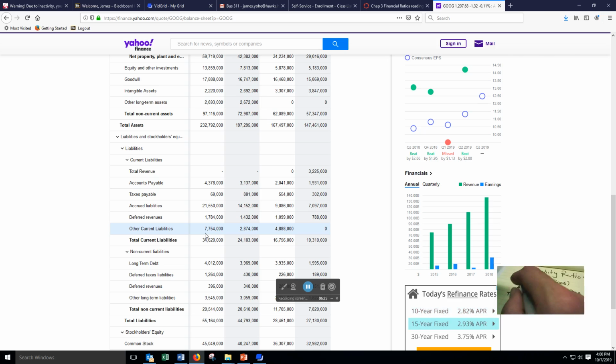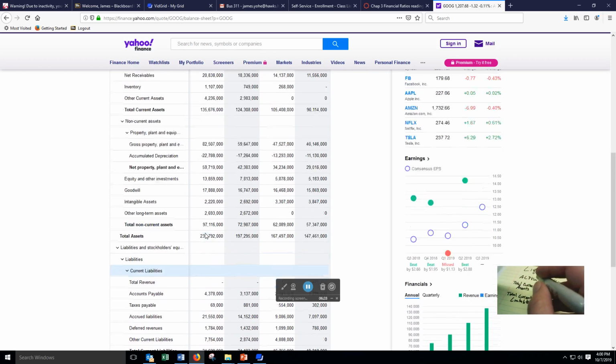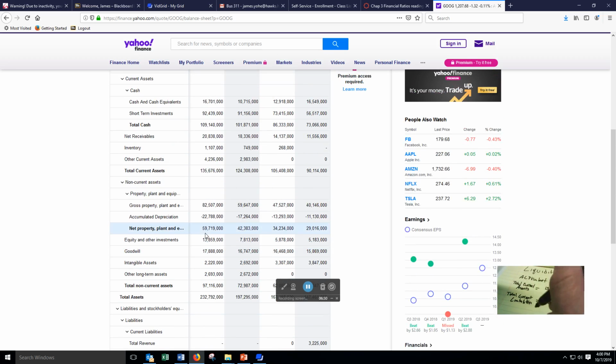Now, total current assets, if we go back up to the top here, these are going to include cash, marketable securities, plus accounts receivable, plus inventory.